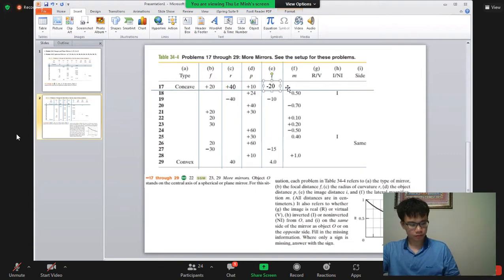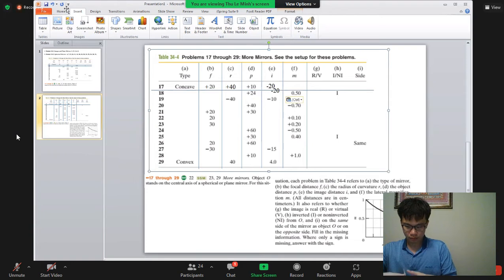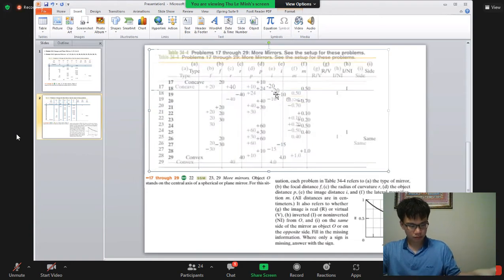And how about the lateral magnification M? M equals minus I over P. Positive or negative?